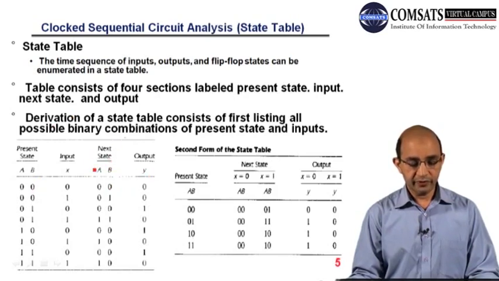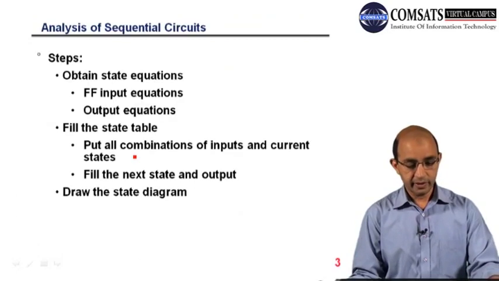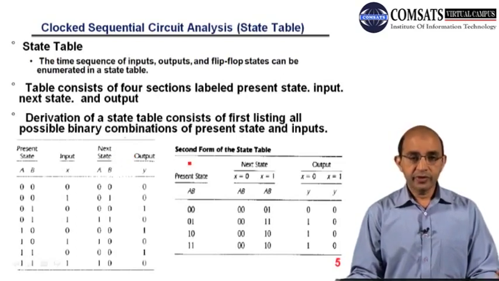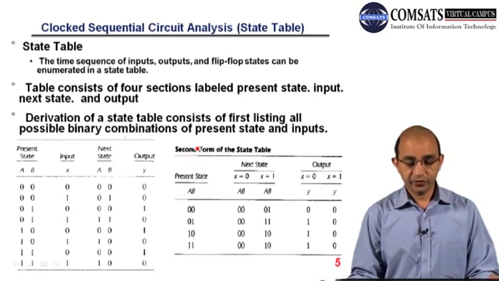Normally we have the expression for the next state and the expression for the output. If I go back, these are the bullets we have mentioned. We can also represent the same state table in another form.